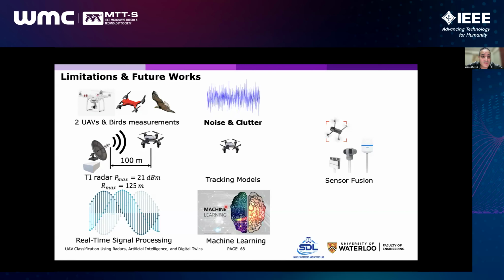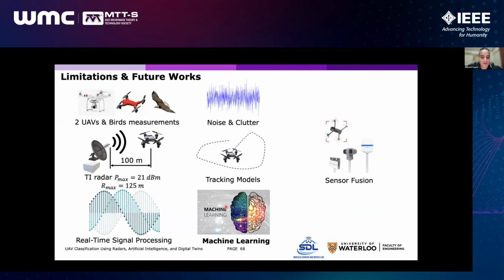But starting this year, they will provide this option based on our discussion with them. Again, we didn't consider tracking models of drones. They can be helpful in identifying the behavior of a drone and seeing if it's harmful or not.